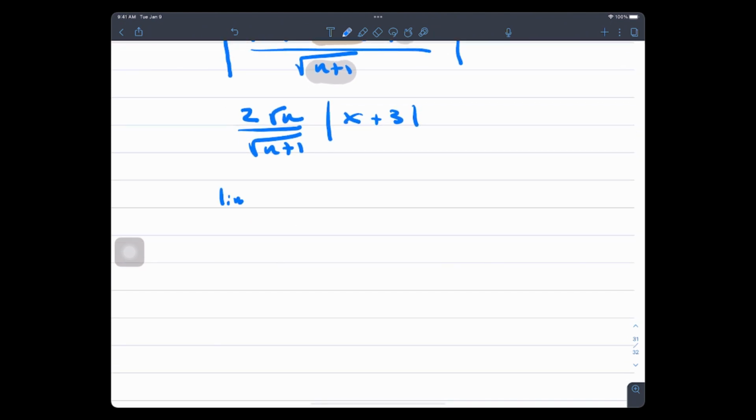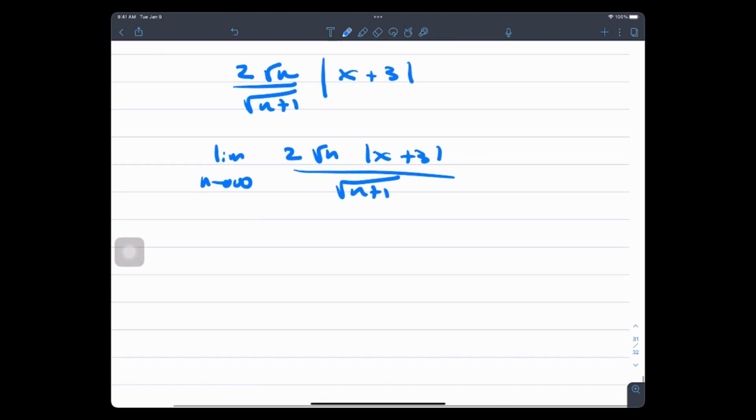So now, as you take the limit of that ratio, you say this is 2, square root of n. Remember what comes out as a constant. The number 2 comes out. Absolute value of x plus 3 comes out. So you have 2, absolute value of x plus 3. Those are constants. Limit.